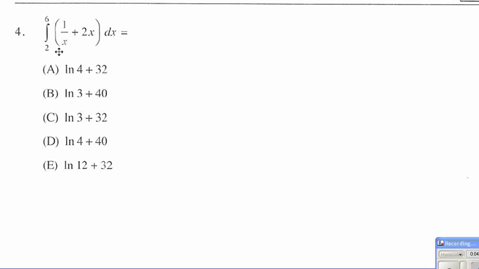So in this case, we have to get the area between 2 and 6 for this function. Now, when we take the antiderivative of 1 over x, we get ln of x, as we know, plus the antiderivative of 2x becomes x squared, which goes from 2 to 6. Now, when you plug in 6, we simply end up getting ln of 6 plus 6 squared, which ends up being 36.